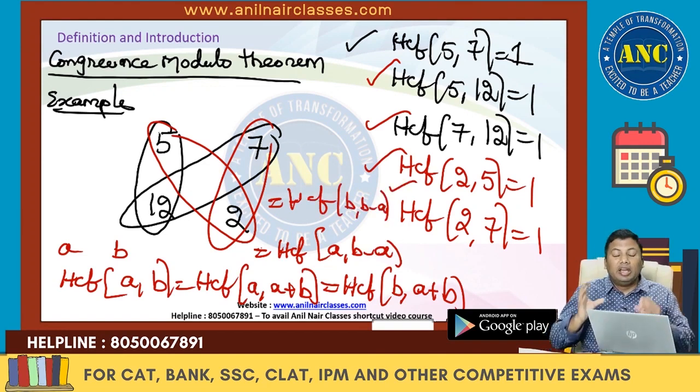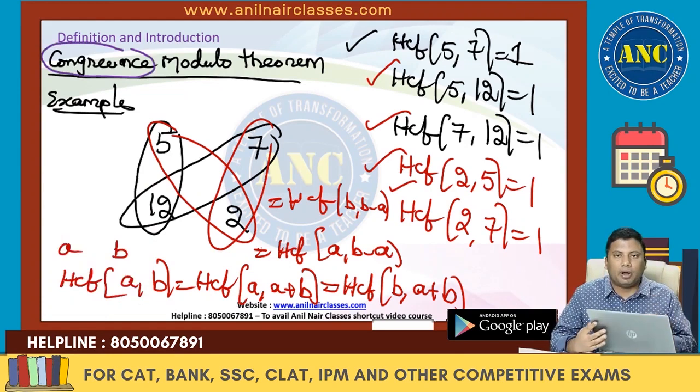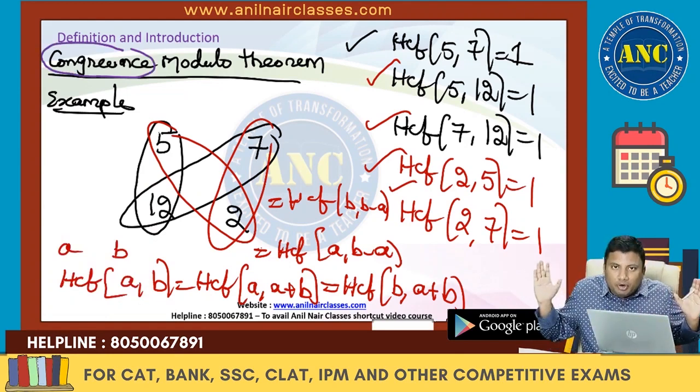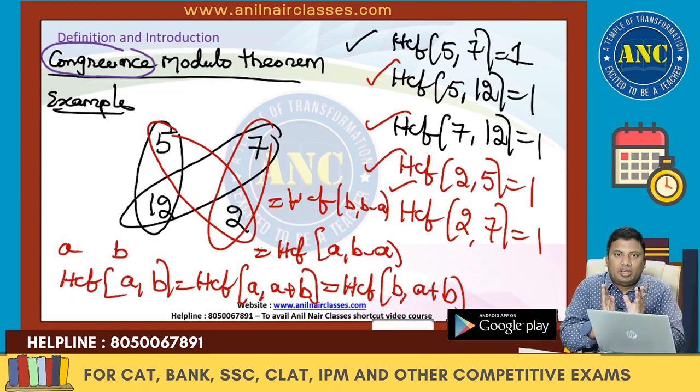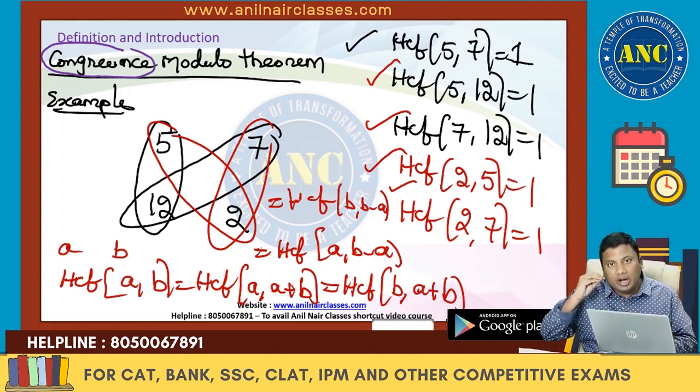Am I right? If two numbers are congruent under some property, even if you do modulo addition, the HCF value will not change. Even if you do modulo subtraction and do HCF with an individual number, HCF does not change.